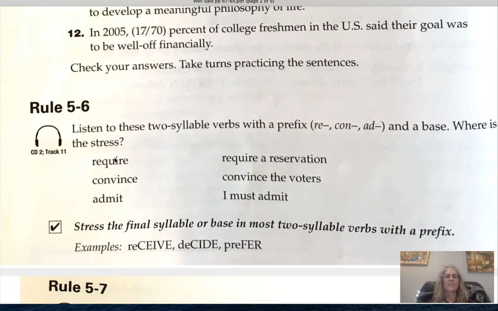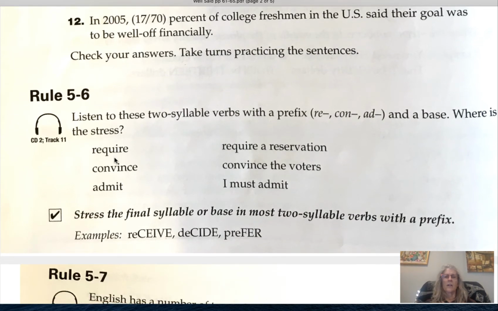Rule 5-6 says, listen to these 2-syllable verbs with the prefix of re, con or ad, and a base. Where's the stress? Require, convince, admit. Require a conversation, convince the voters, I must admit.